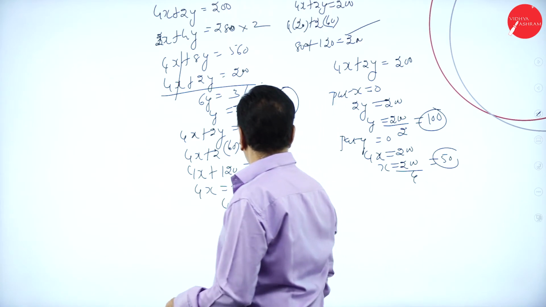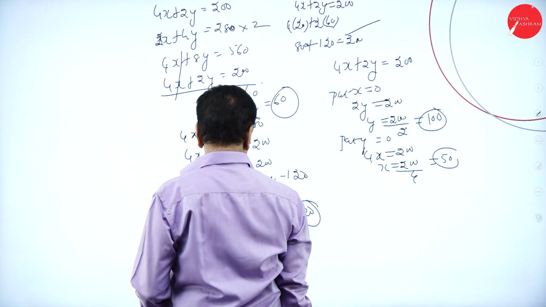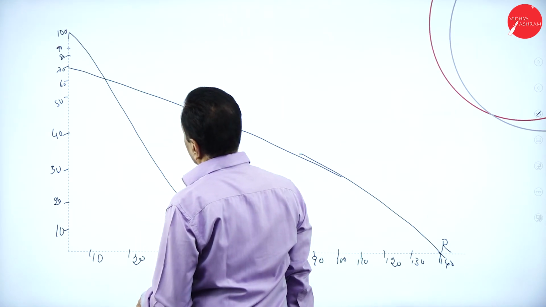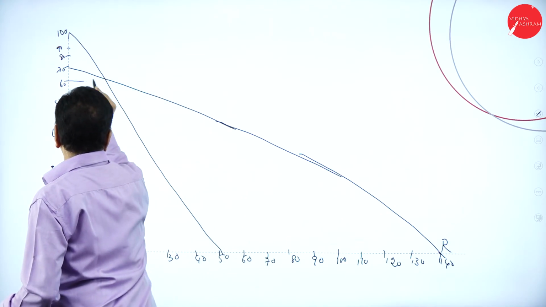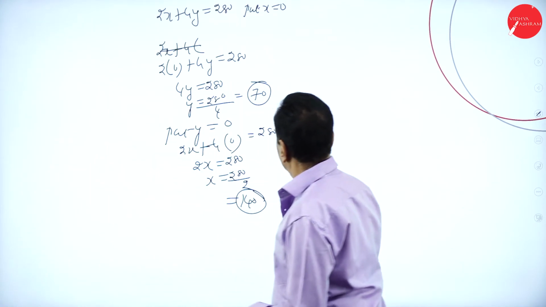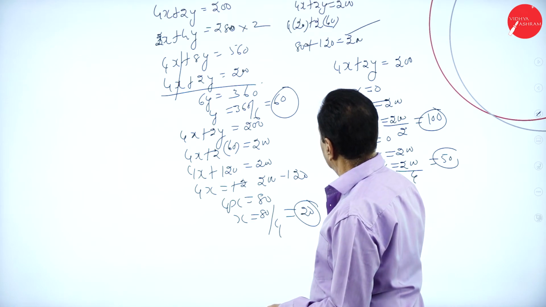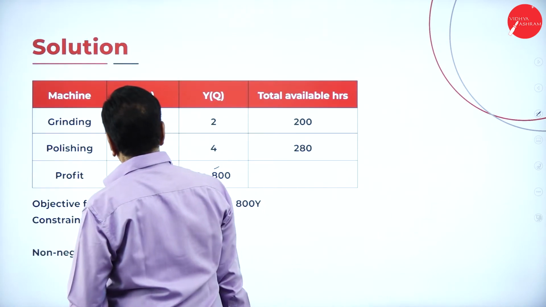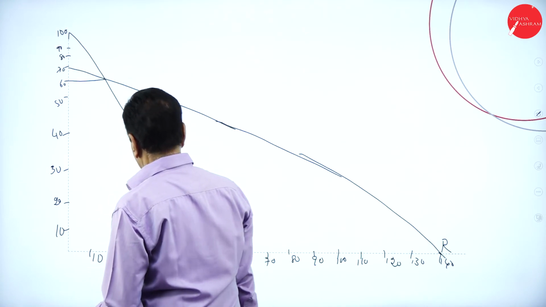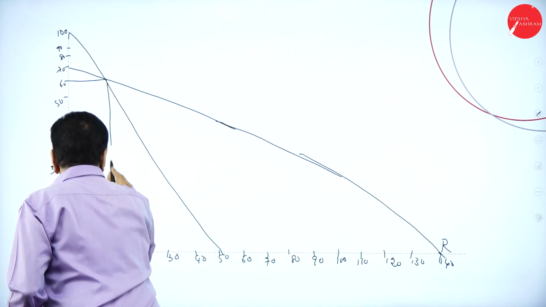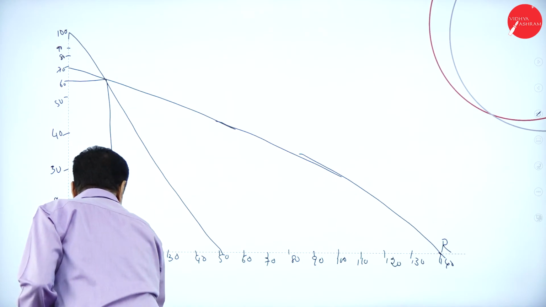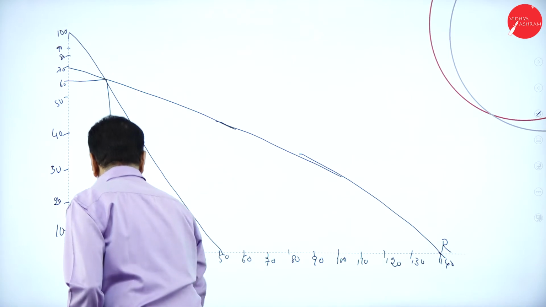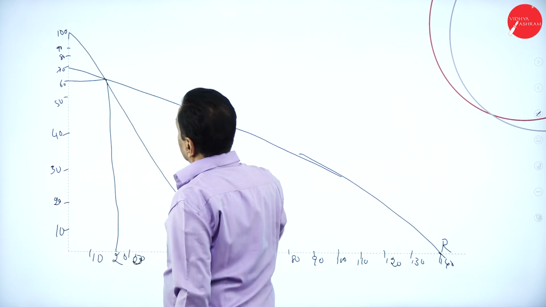So your answer should be, y should be 60, x should be 20. This is roughly you can say that. x is 20, y is 60.